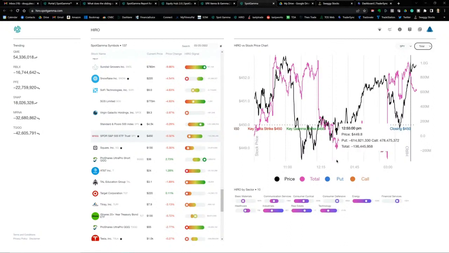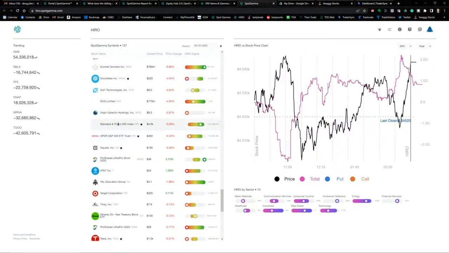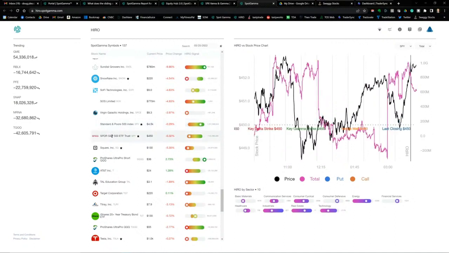And typically in his PM notes, he shows hero for SPY, not SPX. But again, hero and Bookmap combines both. So here is SPX, and you can see that. Compare that with SPY. So it's doing something different. Yeah, completely.